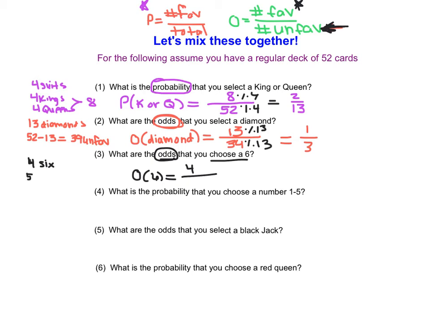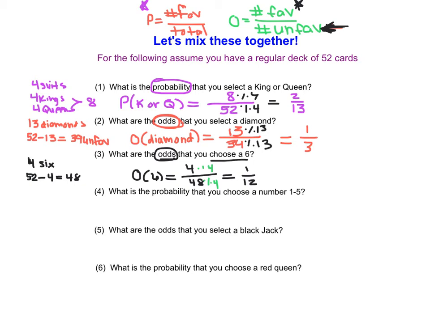So I take my total of 52, subtract out the 4 favorable outcomes, and I end up with 48 unfavorable outcomes. Now from here, I need to simplify. Each of these are divisible by 4. So we end up with 1 over 12. So the odds of picking a 6 are 1 to 12.